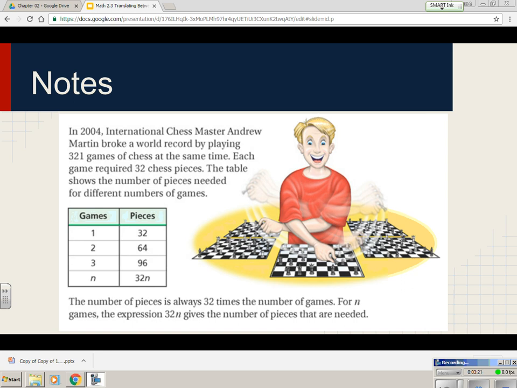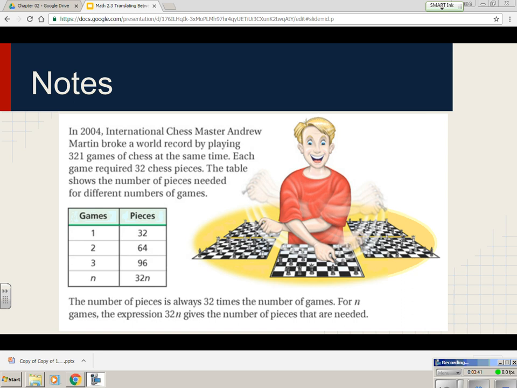And n games would be any number you want to put in there. It's a variable. But what we notice here is that every single game is going to count for 32 pieces. You're going to have to multiply it. So really, we could figure out any amount of the games he played to figure out how many pieces he had.